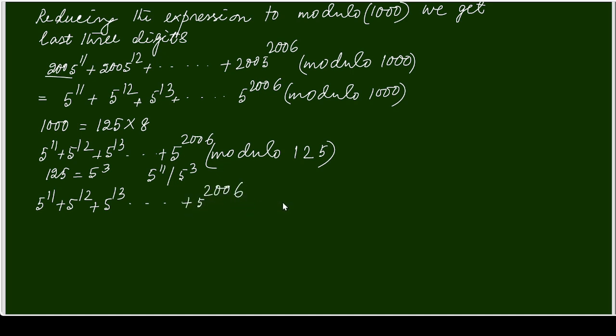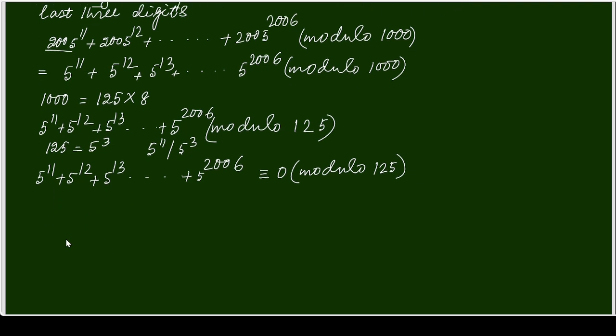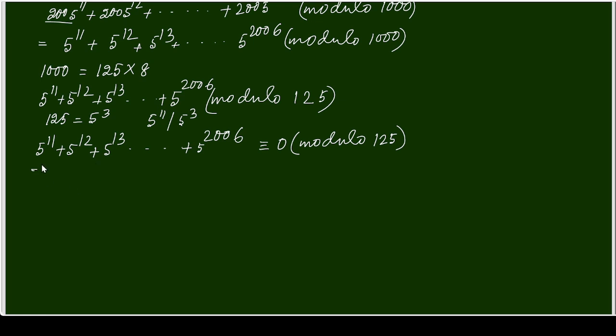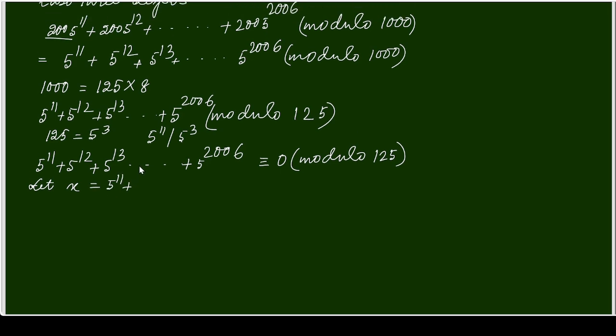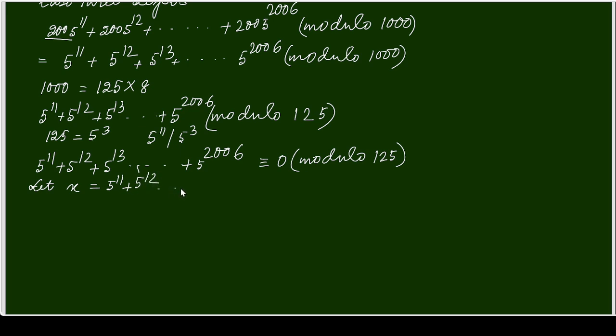So this is congruent to 0 modulo 125. Let us take this series sum as x. That means x is 5 to the power 11 plus 5 to the power 12 up to 5 to the power 2006. So x is congruent to 0 modulo 125, that is congruence 1.